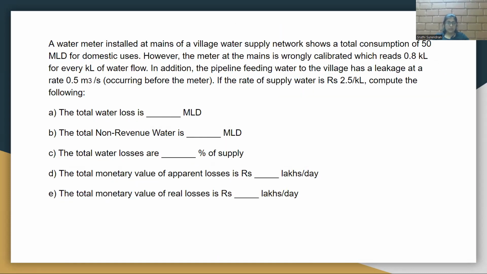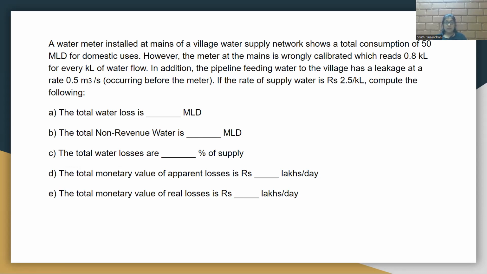Now let's move on to water loss, real losses, apparent losses, unaccounted for water, non-revenue water. Here they have given a total consumption of 50 million liters per day for domestic uses. The meter is wrong. It reads 0.8 kiloliters for every kiloliter. So for 1 kiloliter, the wrong reading is 0.8 kiloliters. The pipeline is also having a leakage.